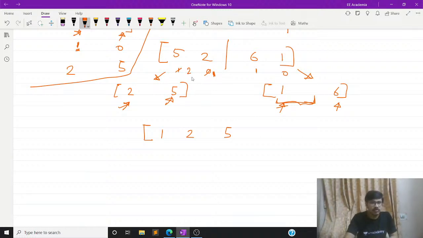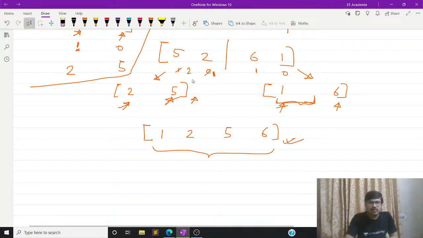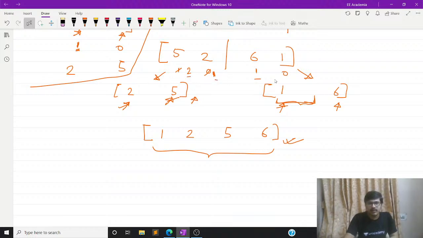So it will be 2 now, right? And then we put 5 here and it goes out of range. Now we put 6 back from the right half array, nothing to do. So ultimately the array is merged, and the ultimate counts of these elements are 2, 1, 1, 0.